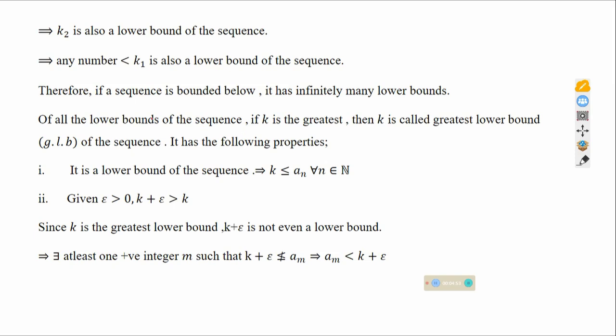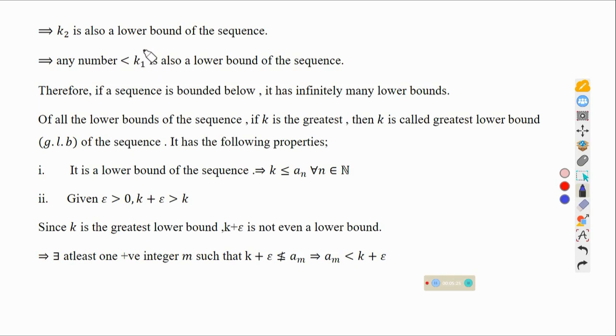So we shall be saying that any number that is less than k1, remember k1 is our lower bound, will actually also be a lower bound of that given sequence. Now, to talk about the number of lower bounds, there will be many numbers that are less than k1.